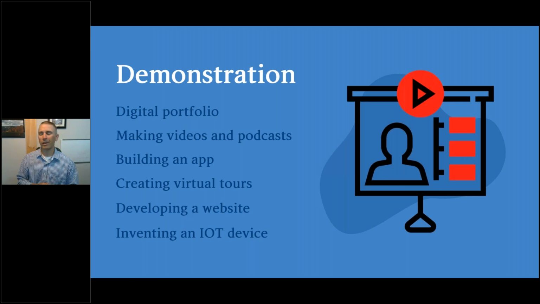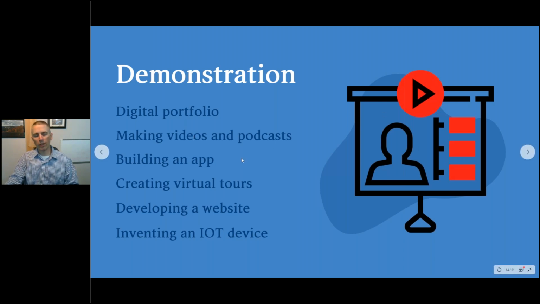Have kids develop a website. I had some kids this past semester who are trying to make their own Internet of Things devices. The possibilities are really endless for what kids can make to demonstrate their knowledge, their understandings of concepts.